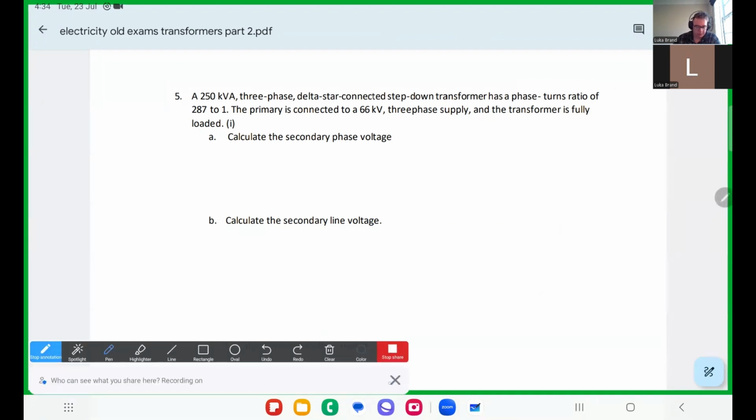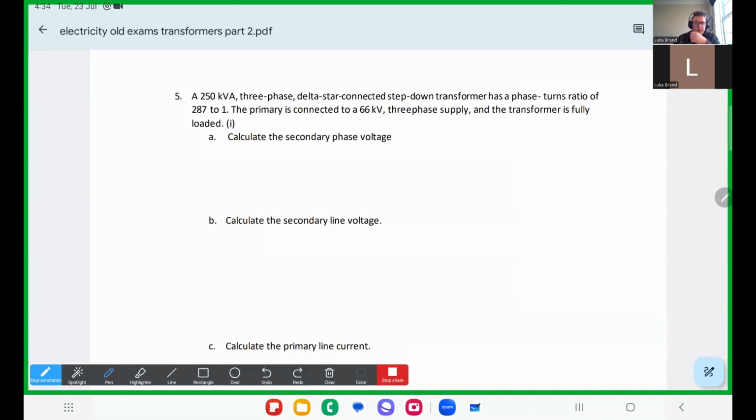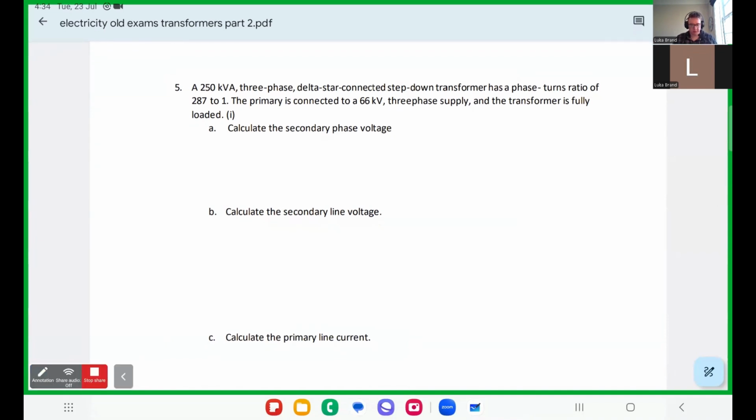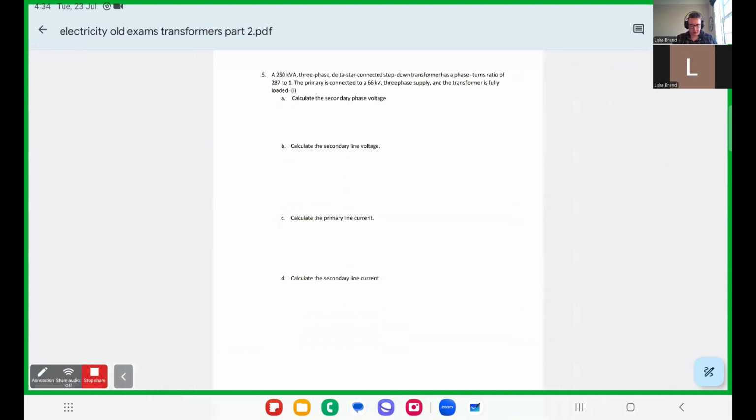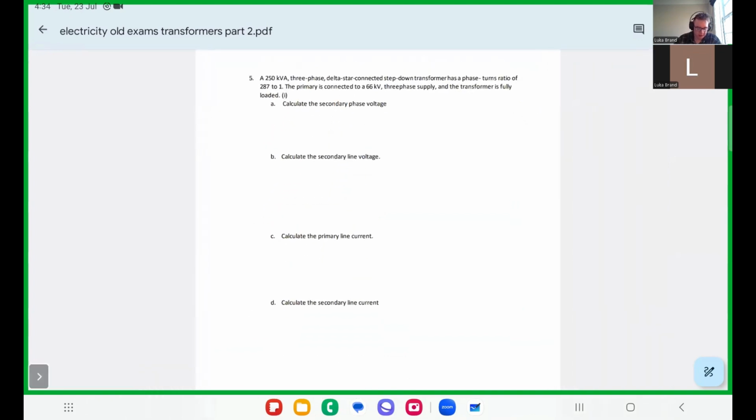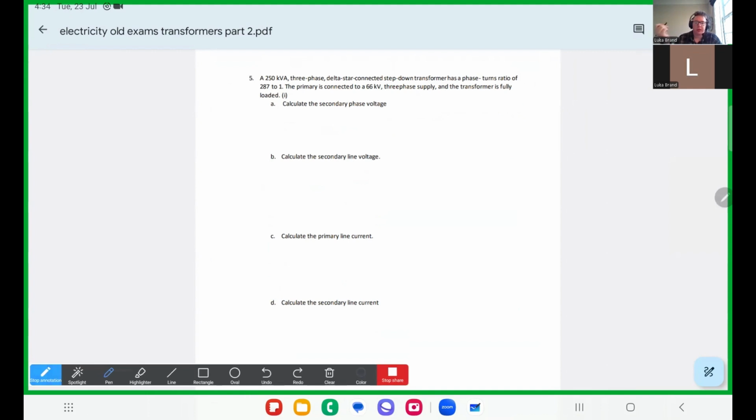Now, when I'm doing these questions, I've got these two equations here. Power equals square root of 3 VL IL cosine theta.